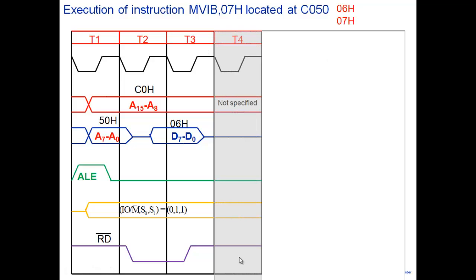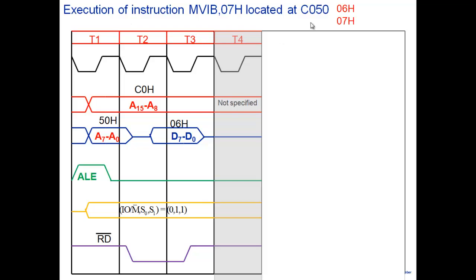So in this T4 state, this 06 has been transferred into the instruction register. It is decoded, and the microprocessor decides what action to take next. So this whole thing that you see here is what we call the opcode fetch cycle. In these 4 clock states, the opcode is fetched, decoded, and whatever is the next set of actions is decided. This is where the whole thing is decided.